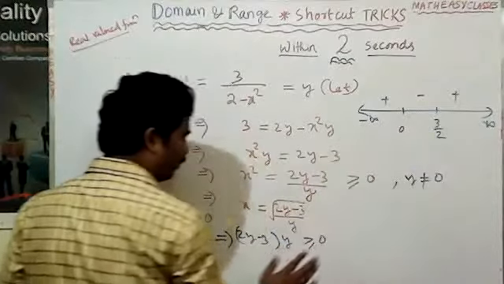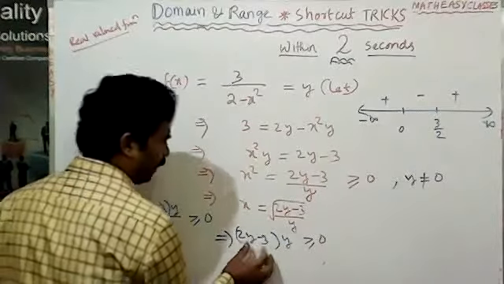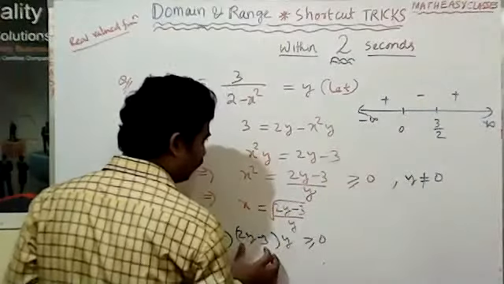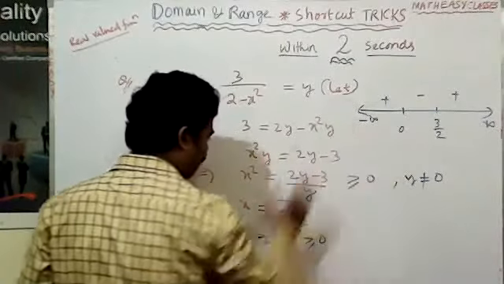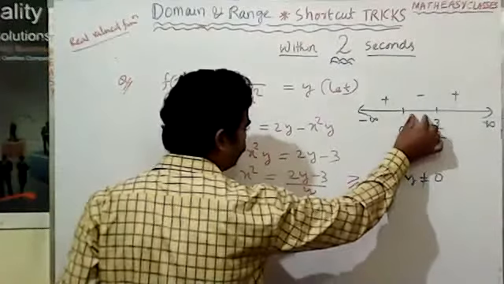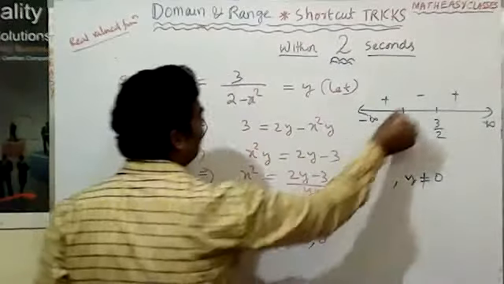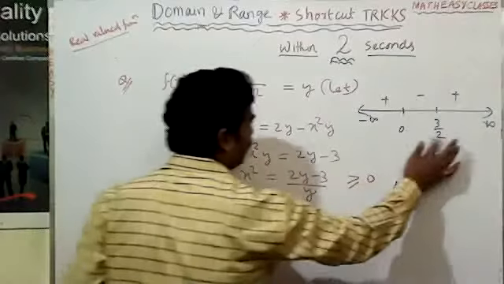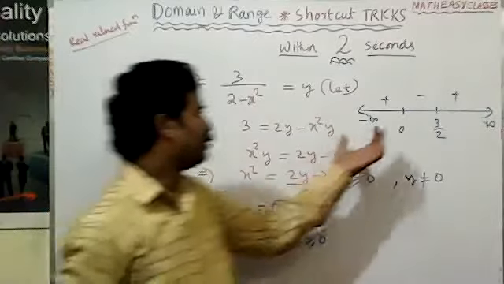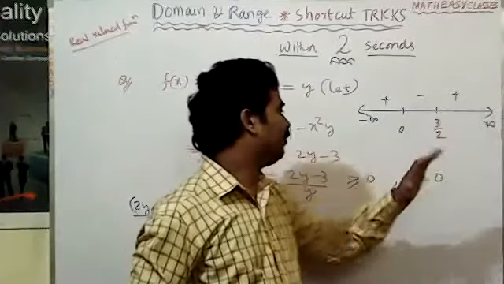After taking that point on the number line, you think about the question. Inside that, whatever value, suppose we put minus 1, it gives positive. This is okay. Similarly, between 0 and 3/2, if we put something, it gives negative. Outside, if we put something, it gives positive. So this is positive, this is negative.